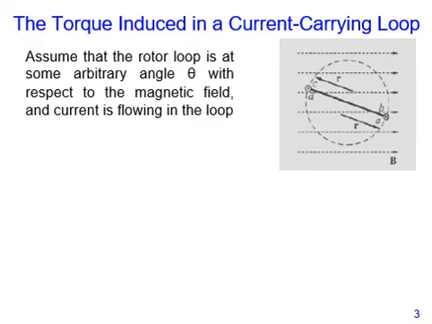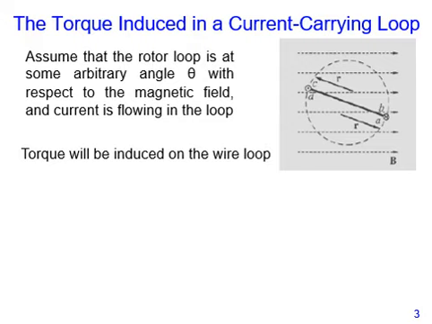Now we talk about the torque induced in a current carrying loop. Assume that the rotor loop is at some arbitrary angle theta with respect to the magnetic field, which is from left to right in this case, and current is flowing in that loop. If you see, the loop can be seen from the top of it.